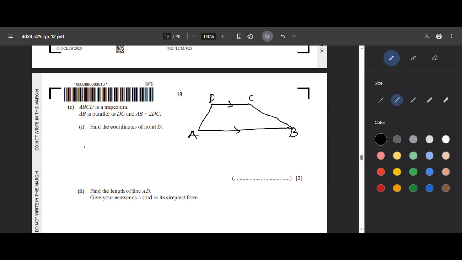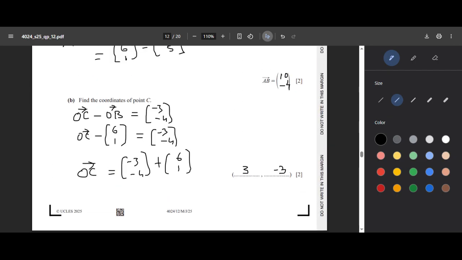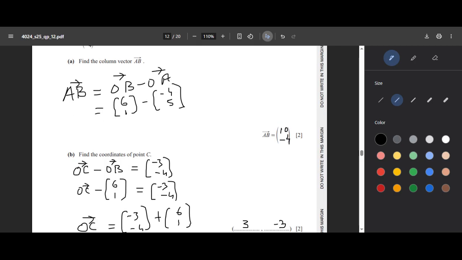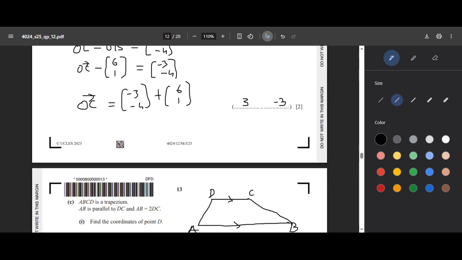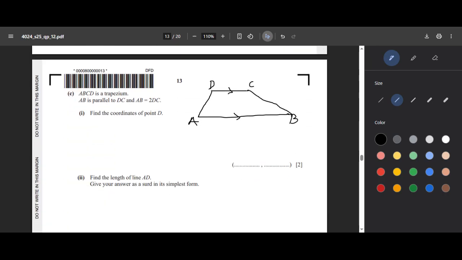AB is equal to 2 times DC. So your AB, we take AB from upside. AB is 10 minus 4, is equal to twice of DC. DC को ब्रेक कर दें. OC minus OD.